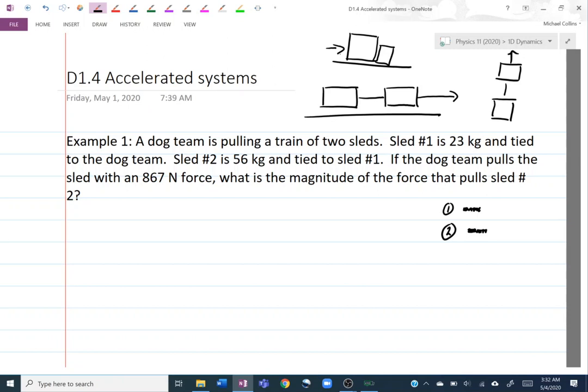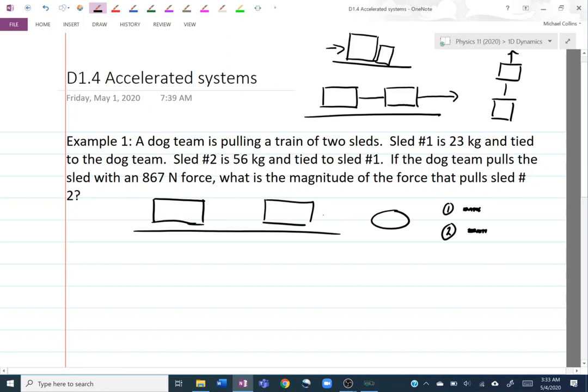There's a lot of information given in these questions because they're more of a system. So I highly recommend, it's not even a recommendation at this point, you need to start drawing pictures. I'm actually going to draw two for this one to figure out what's going on. We've got two sleds trained together, and I'm just going to draw them as squares, and then they're tied to our dog team.